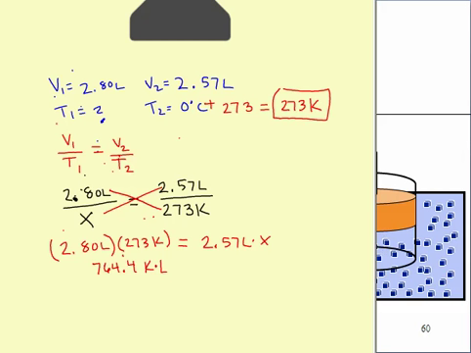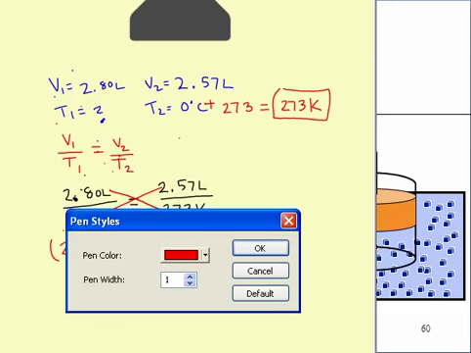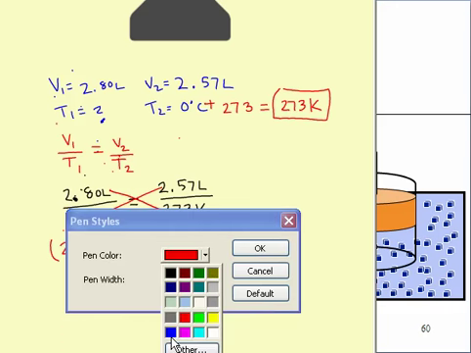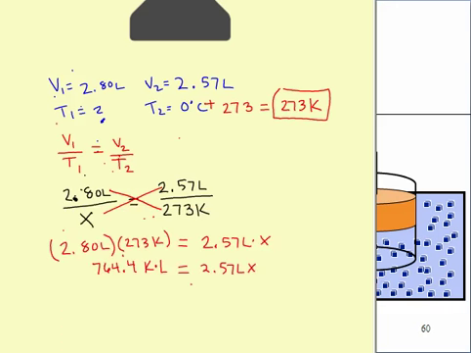And that is equal to 2.57 liters times X. Now, X is my unknown. That's what I'm solving for. So after we cross multiply, this is the result of our cross multiplication, I'm going to divide by my 2.57 liters because I want to get my X all by itself.